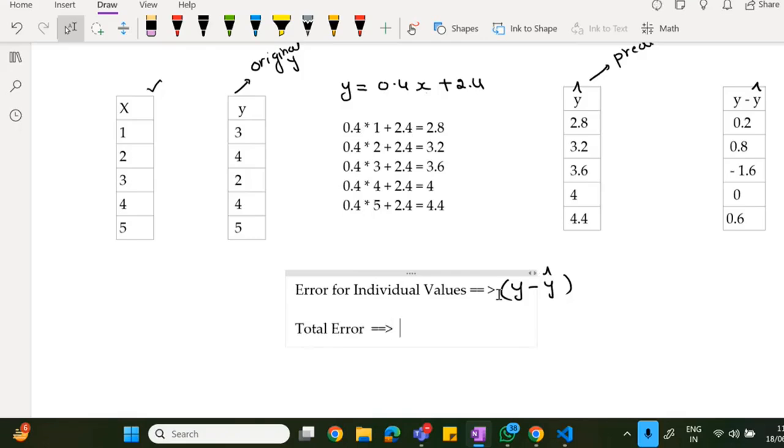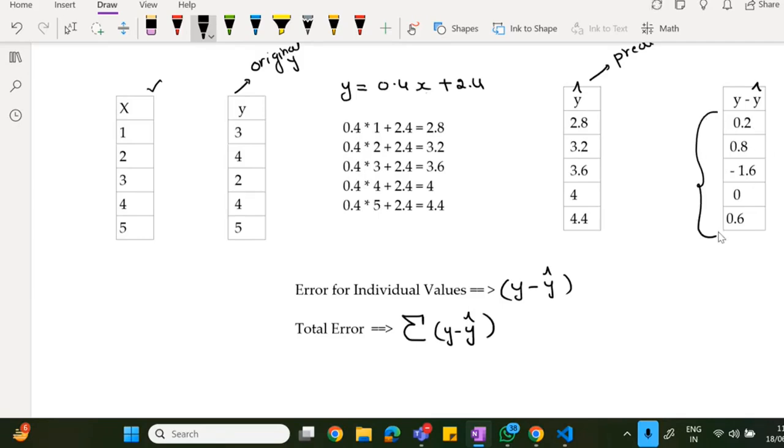That is called summation of y minus y hat. Can I say that? Yes. Because we are going to add them, when you add them, we call it summation. This is our individual value error. When I want to calculate the total error, I will call it summation.